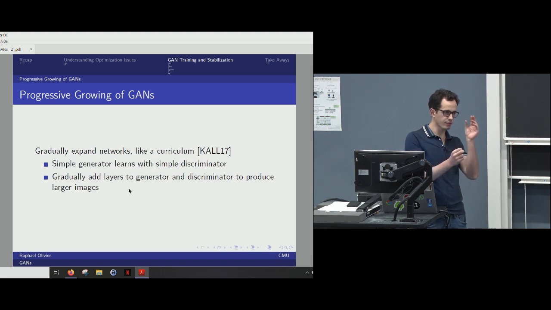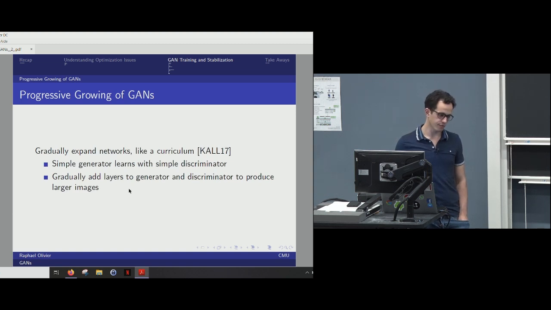So for example, you start with a GAN that is just taking random samples, and with this convolutional layer, you get an image that's 4x4, and then once this is trained, you add a different layer that makes that into 8x8, and you just do this process iteratively.